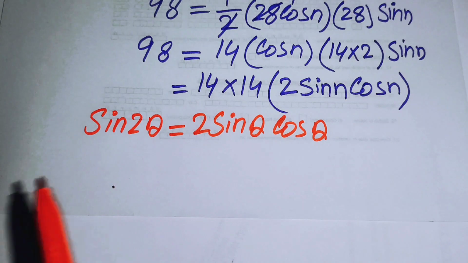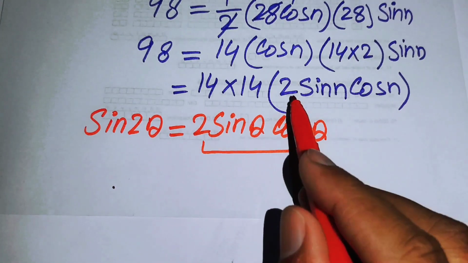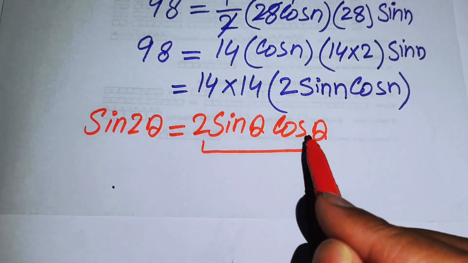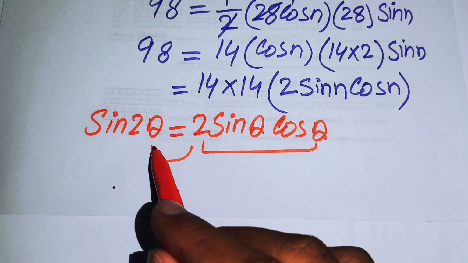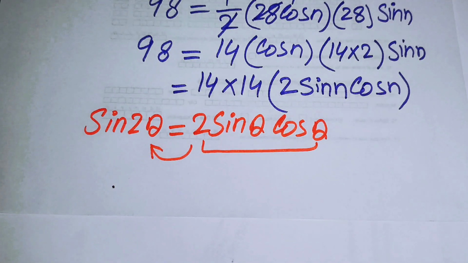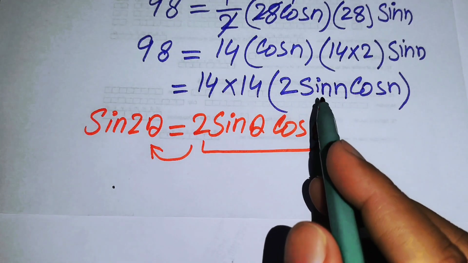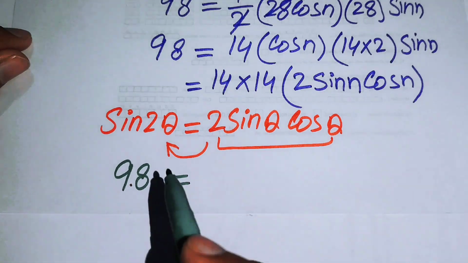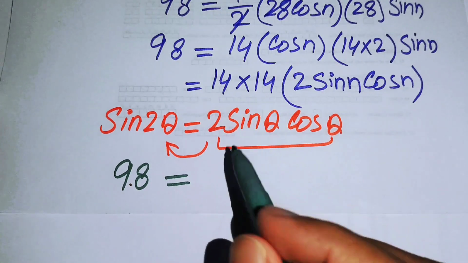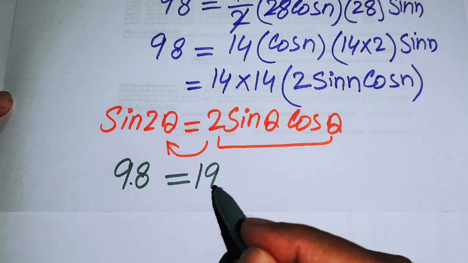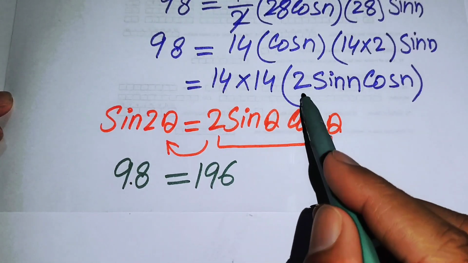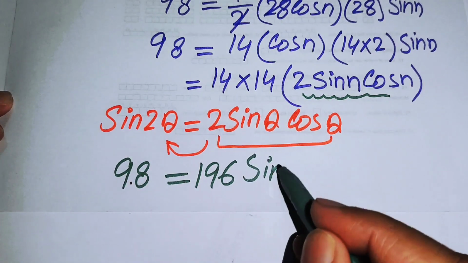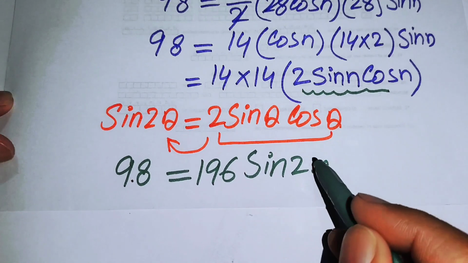Here we have the right hand side of this formula, which is 2 sine n into cos n. So we can combine these terms, and the right hand side of our expression looks like 98 equals 14 times 14, which is 196, times sine of the angle 2 times n.